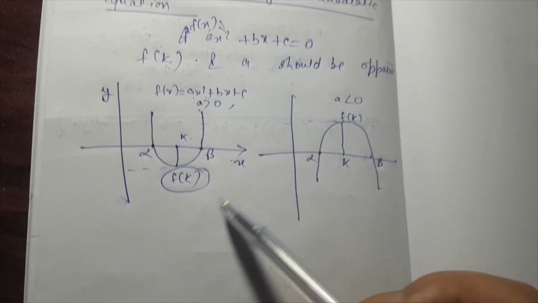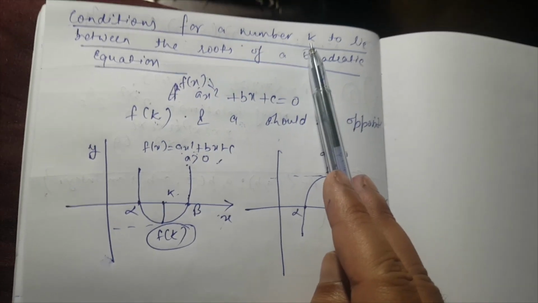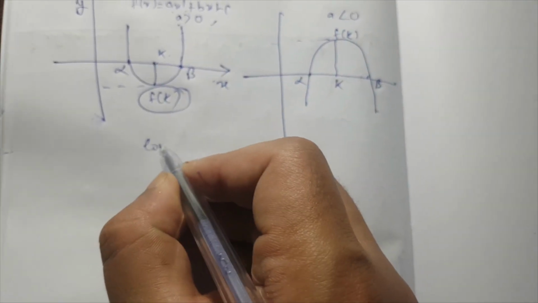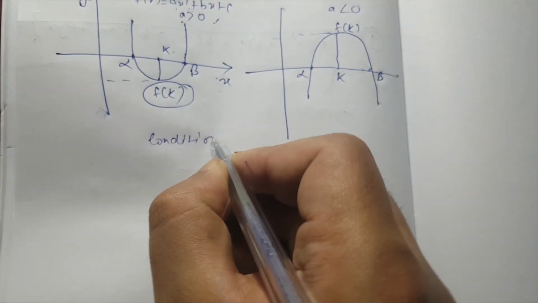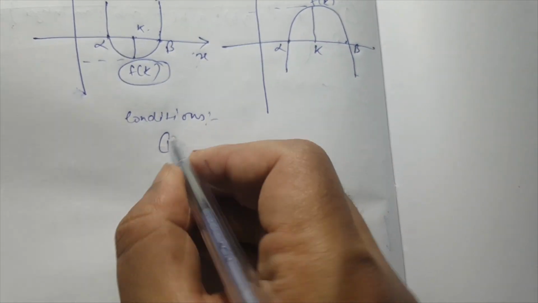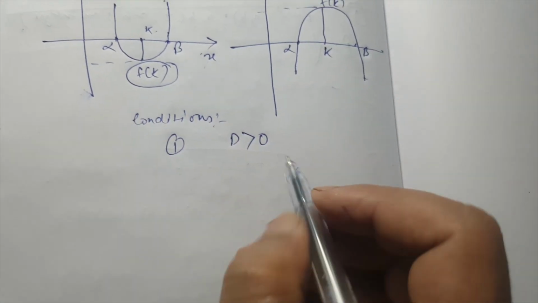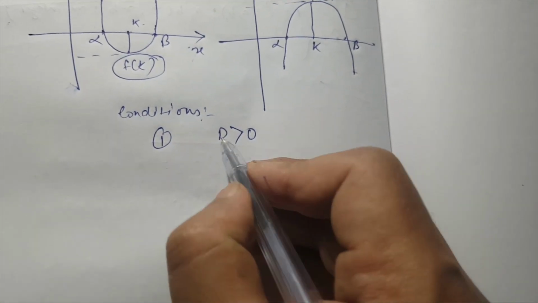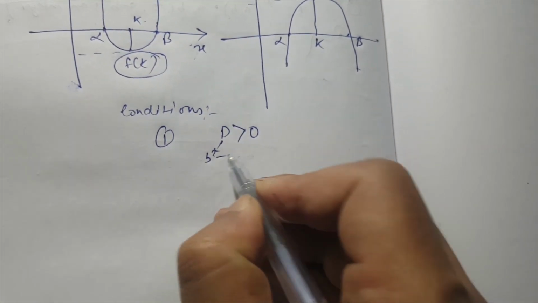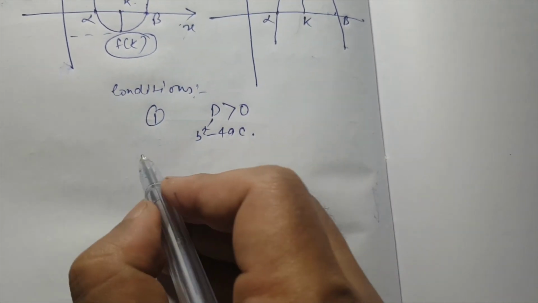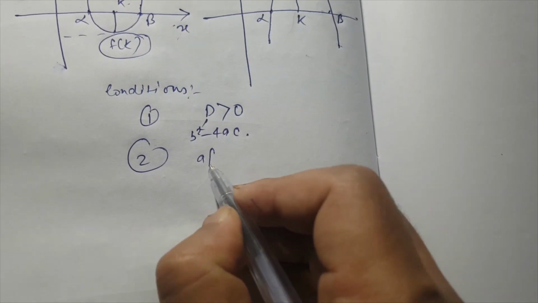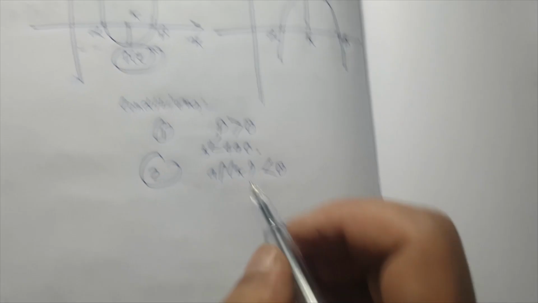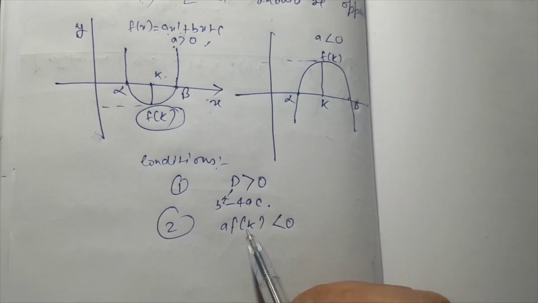Now let me write the conditions such that k will lie between the roots of any quadratic equation. The conditions are: first, D should be greater than 0, meaning the discriminant should be greater than 0, where D means b square minus 4ac. And the second condition is a times f(k) should be less than 0. Why is this the case?